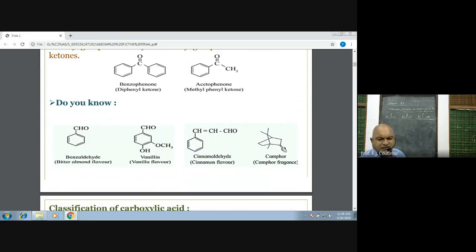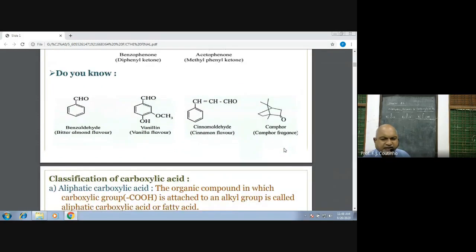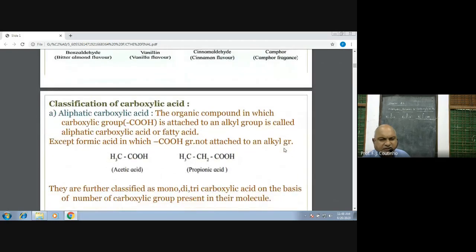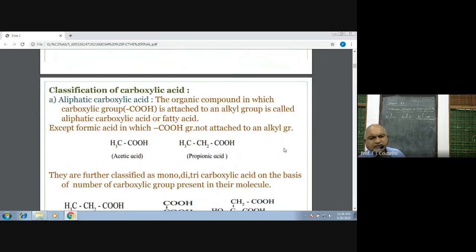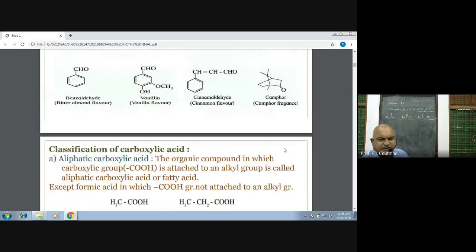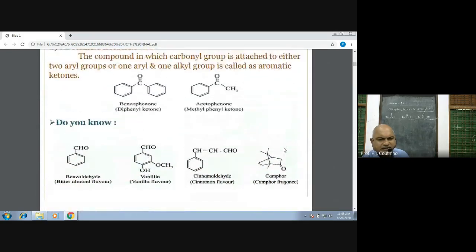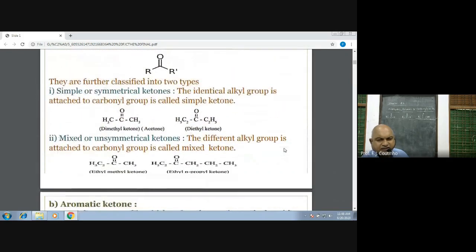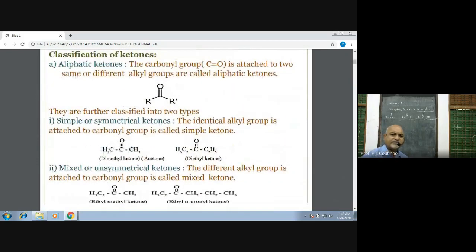We finished with aldehydes, we finished with ketones, and the next topic we are going to study is classification of carboxylic acid. Now, in the earlier slides, we studied what is aldehyde and what is ketone. Concentrate on this structure.